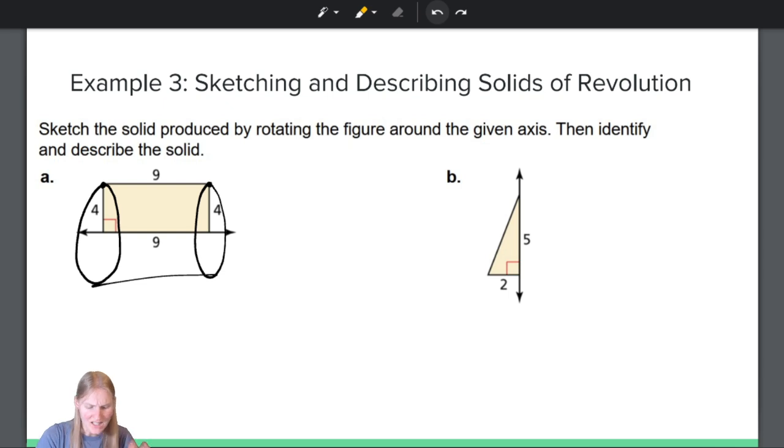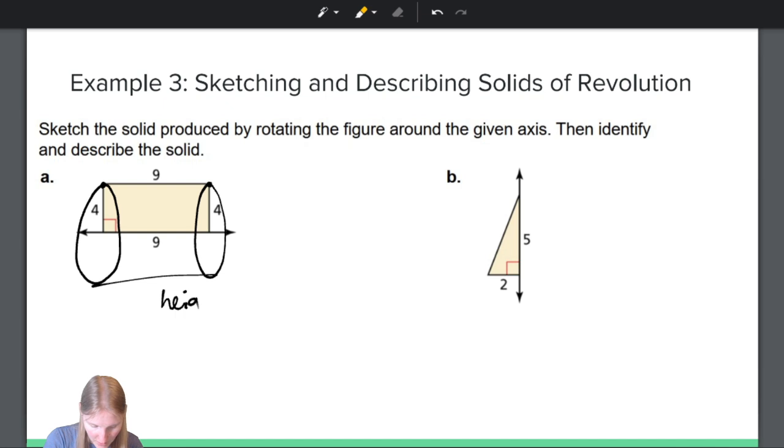Are these 9s and 4s important? They actually kind of are. Especially when we get into volume and surface area of cylinders, these numbers are going to be incredibly important. 9 is the height of your cylinder. This is how tall the cylinder is if it were standing up on its end, or how long the cylinder is. You can call it height, you can call it length, whatever you want to call it.